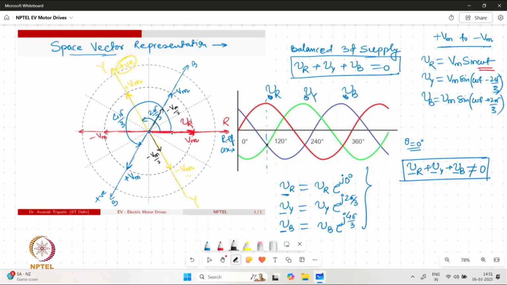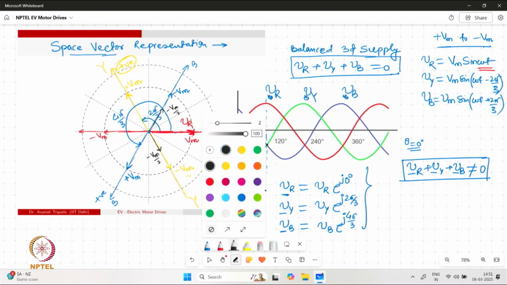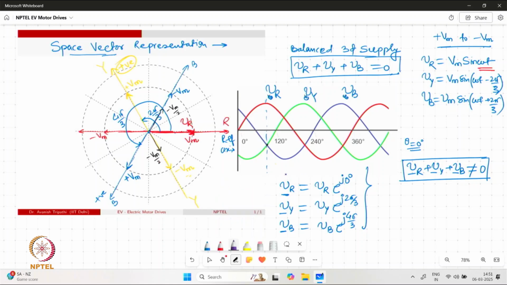Now if we try to add these three vectors, it is going to give us a resultant vector which is going to have a magnitude of 3 Vm by 2, and it is going to be aligned along the R axis.